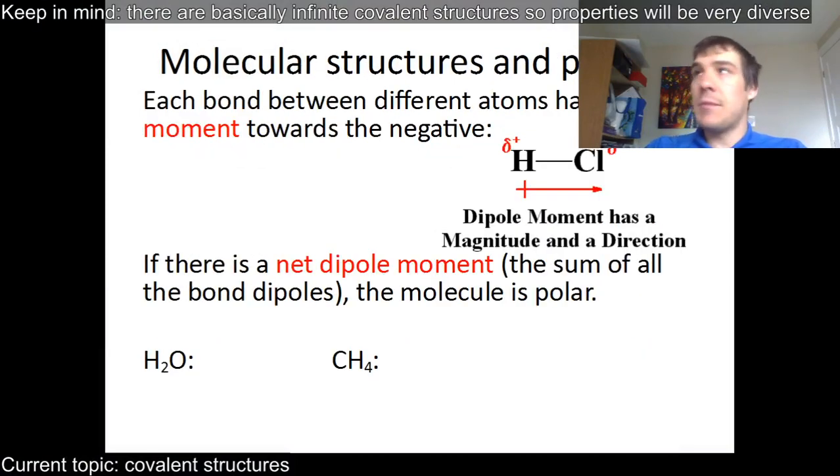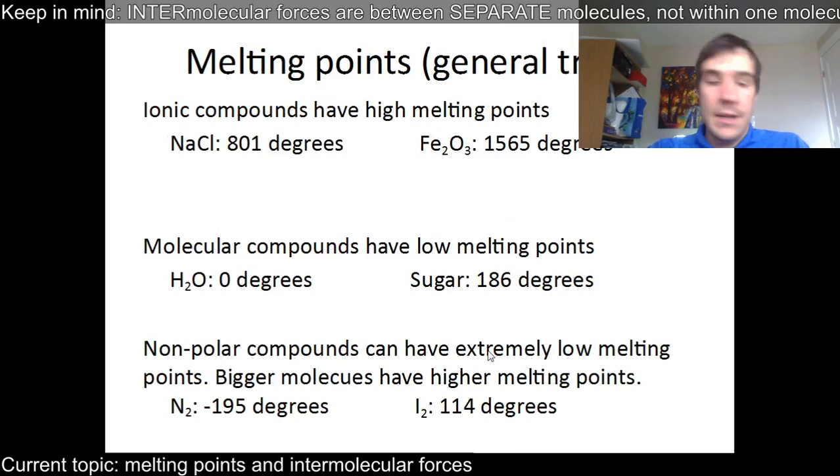Next up, we're talking about melting points and intermolecular forces. So I'm going to pause. This is a trend that we observe in melting points. This is going to be something called intermolecular forces, and please, please, please note that intermolecular means between separate molecules, between two molecules.